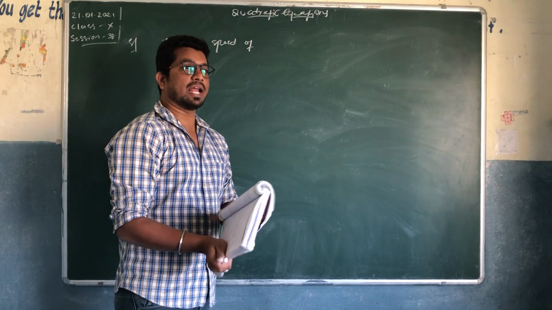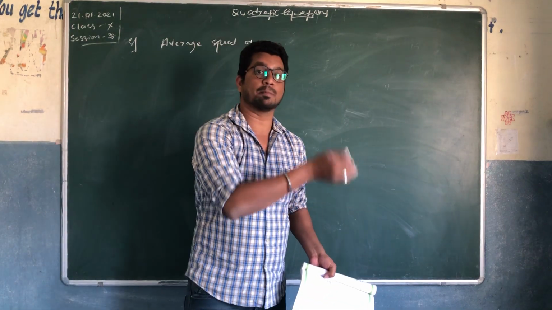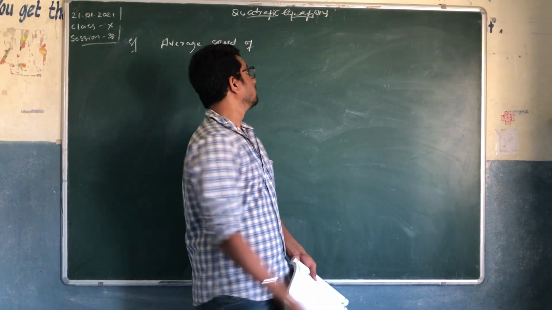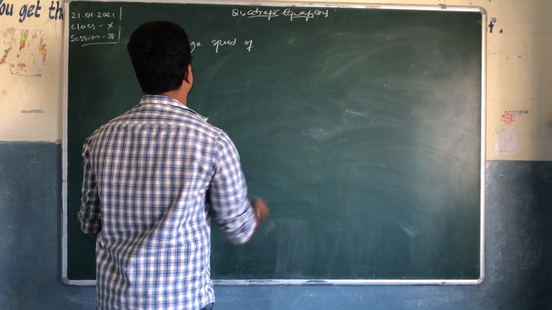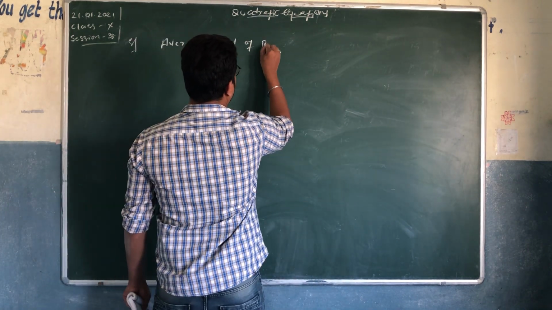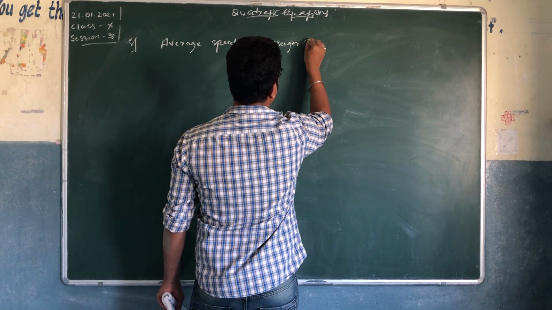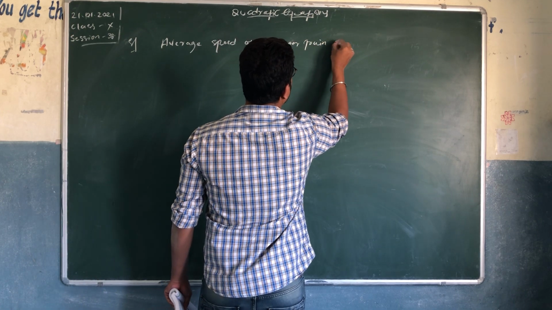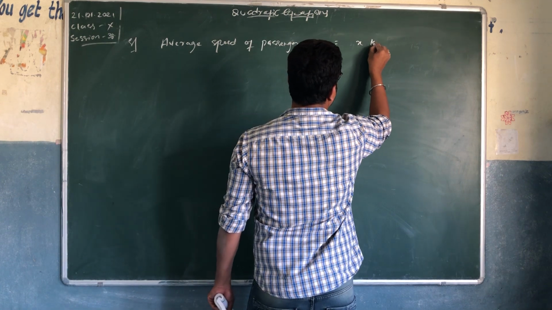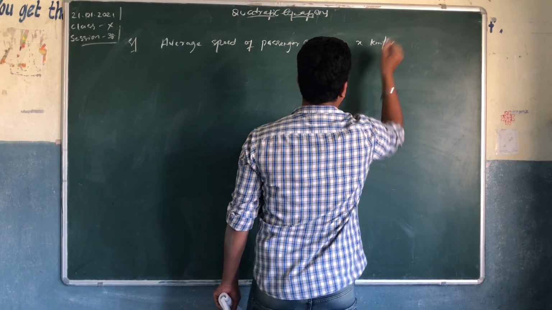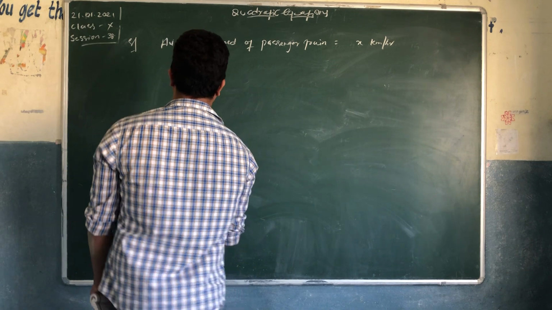So the express train's average speed is 11 kilometers more than the passenger train. First let us write down the passenger train. Average speed of passenger train is equal to x kilometers per hour. This is the average speed of the passenger train.